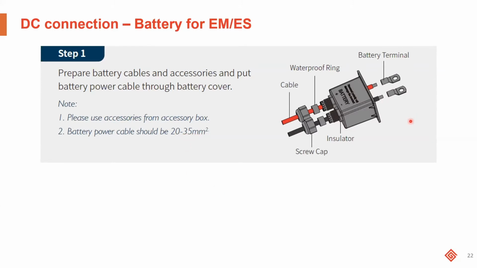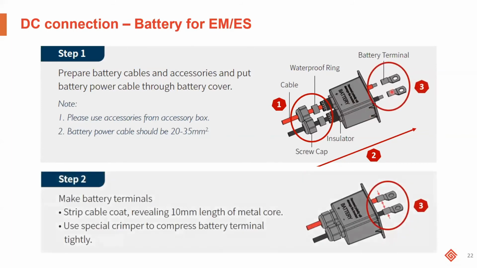So this is why we supply these battery terminals separate in the package of the inverter. So what you usually do is strip your cable as per the previous slide, then slide on the screw caps and the waterproof rings, and then slide the cable into the battery cover that we supply in the package, and then crimp on the battery terminals that we also supply.